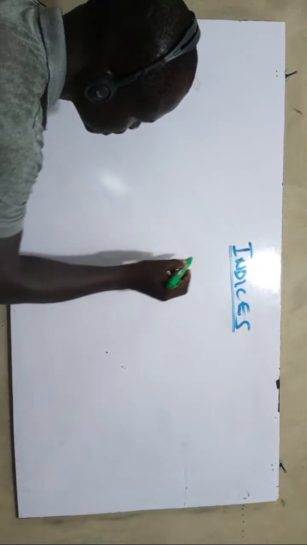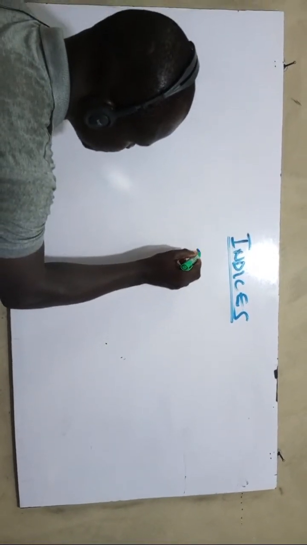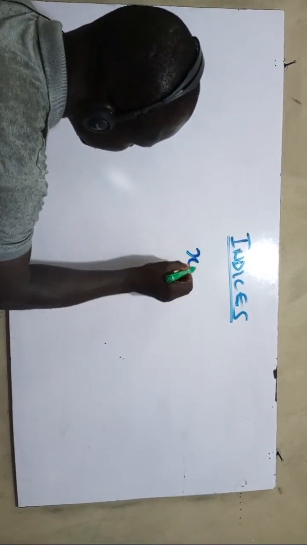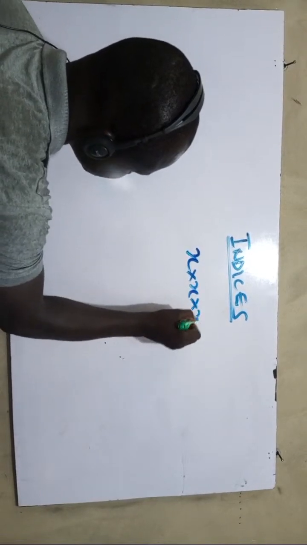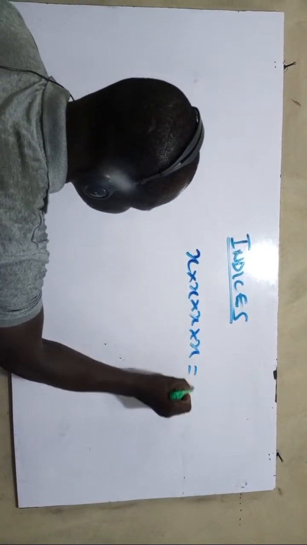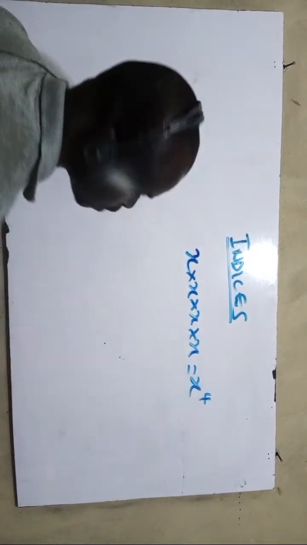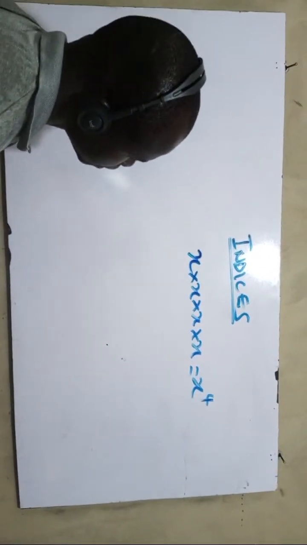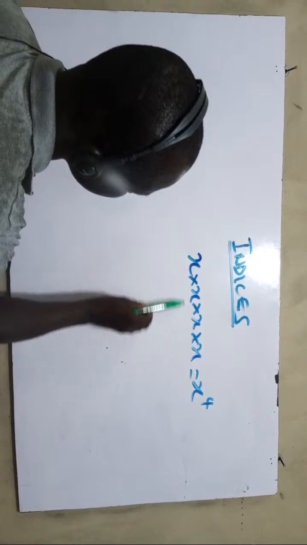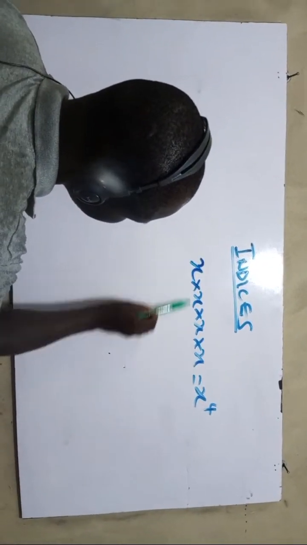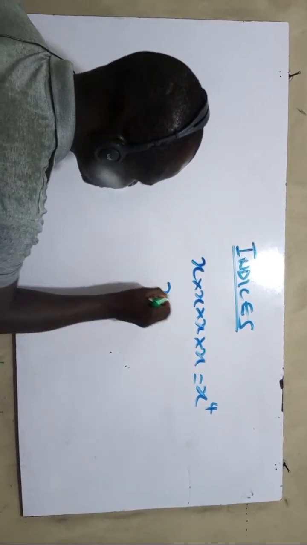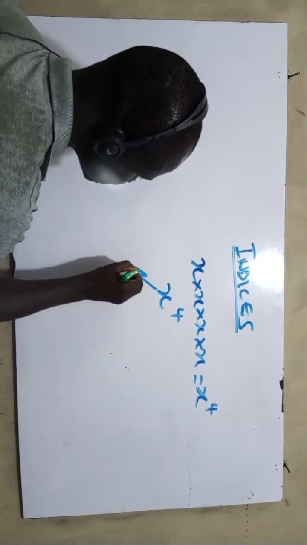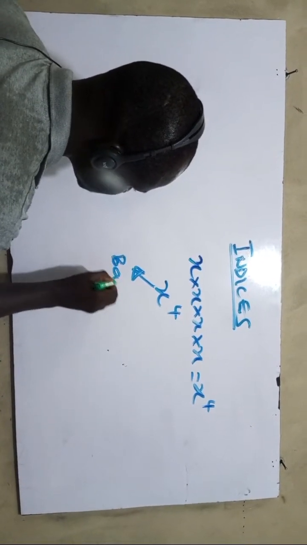So indices, we started by saying if you have x times x times x times x, that is x in 4 places raised to power 4. Indices will enable us to abbreviate this type of problem. Where we have x raised to power 4, this x is called the base.